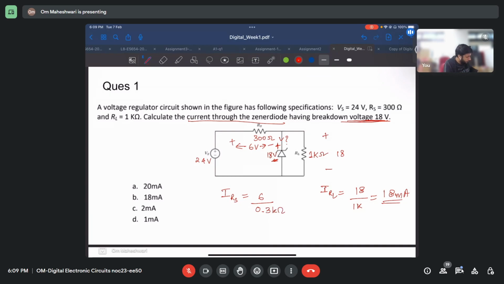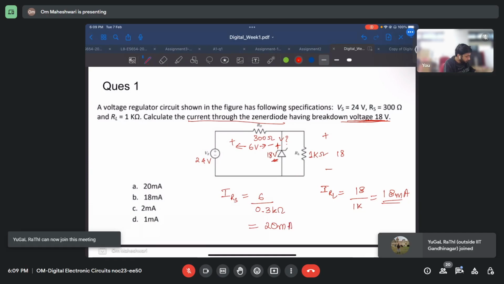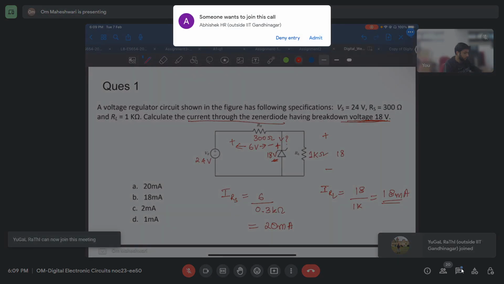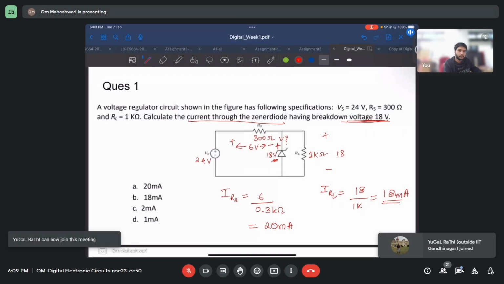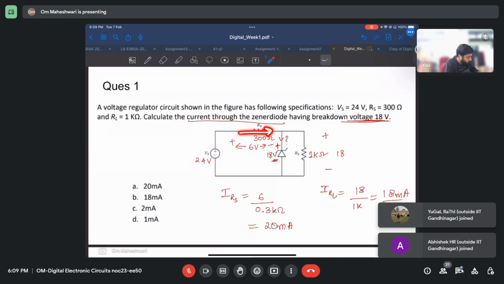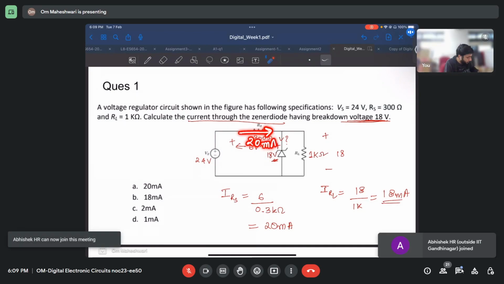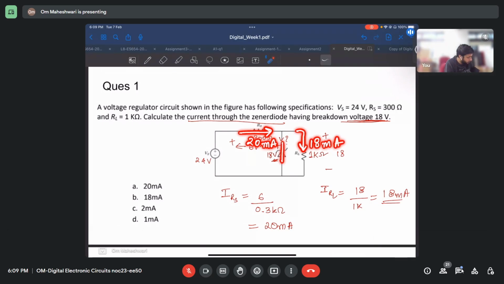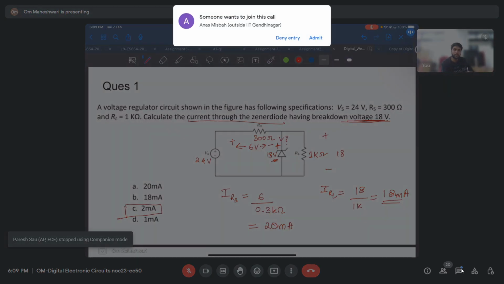I'm writing in kilo ohm, so I get milliamperes. That will be 20 milliamperes. Now if we look at our circuit again, 20 milliamperes is going here and 18 milliamperes is going here. That leaves us with 2 milliamperes current in the Zener diode. So our answer is 2 milliamperes.